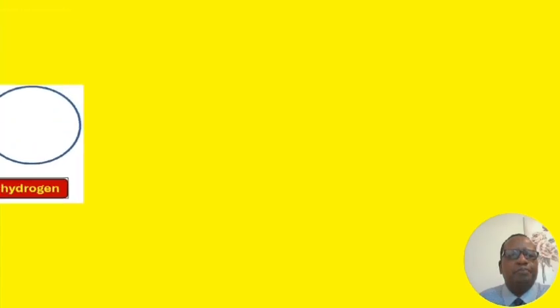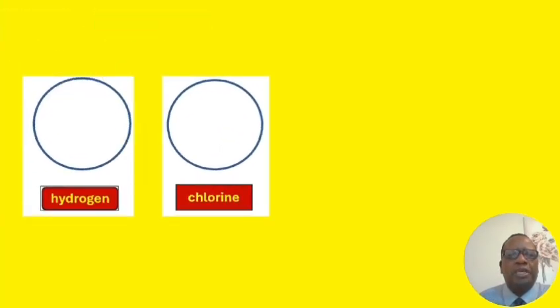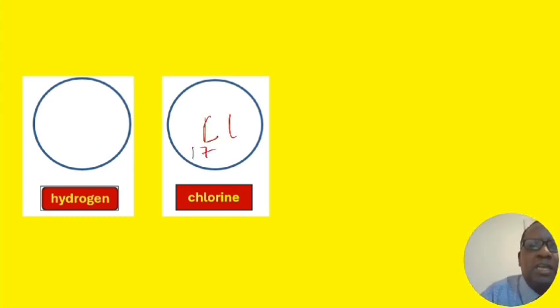Now then, if we have hydrogen and chlorine, you've got to use your periodic table to find out the atomic number for chlorine. Atomic number for chlorine is 17. Atomic number for hydrogen is 1. Now this is where the problem is.